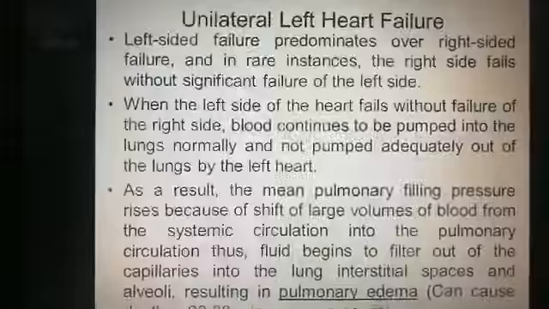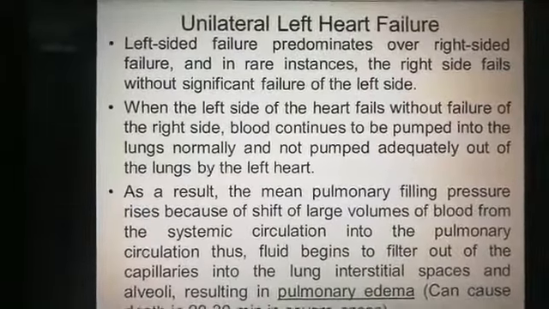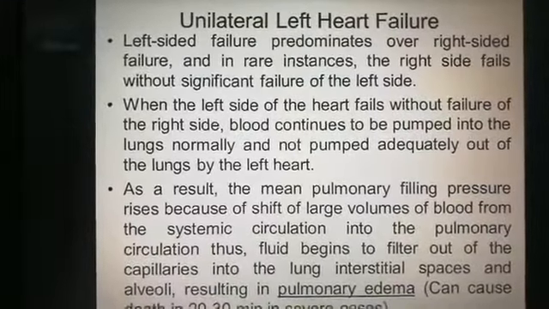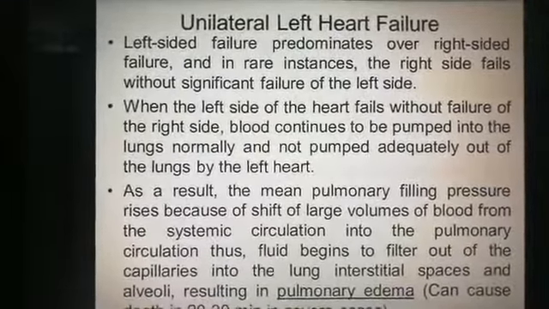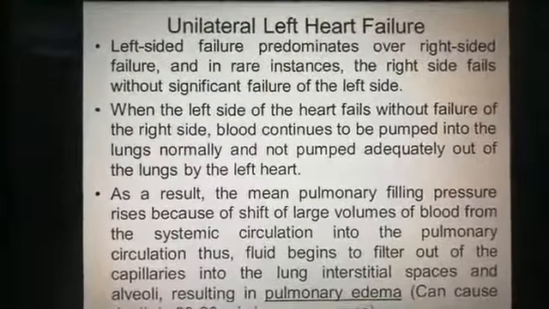Now in the second lecture we will discuss unilateral left heart failure. The left-sided failure predominates over right-sided failure, and in rare instances the right side fails without significant failure of the left side.